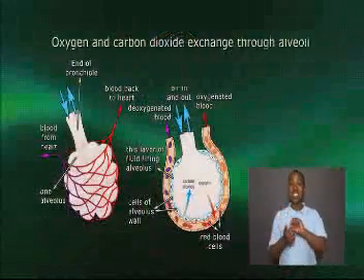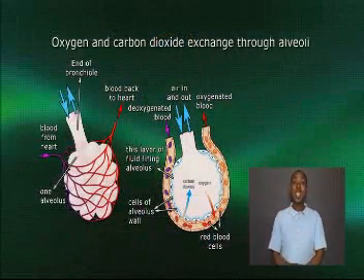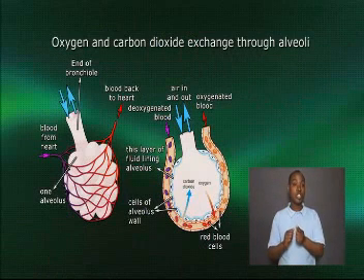Simultaneously, carbon dioxide passes out of the blood into the air of the lungs along a concentration gradient. Since the movement of oxygen and carbon dioxide takes place at exactly the same time, there is an exchange called a gaseous exchange. The exchange of gases occurs in the alveoli.